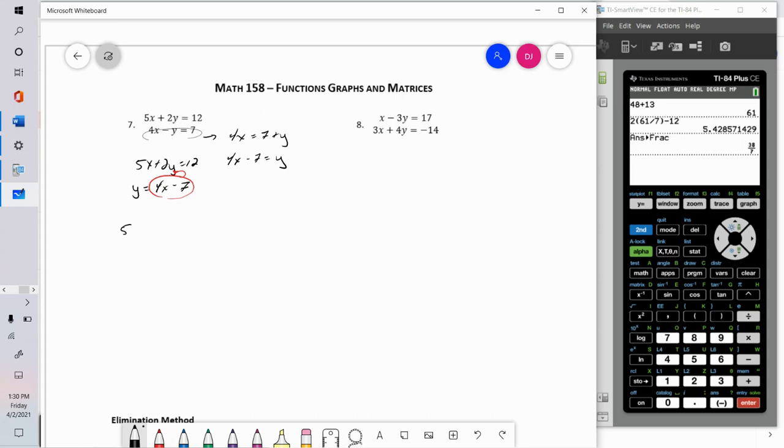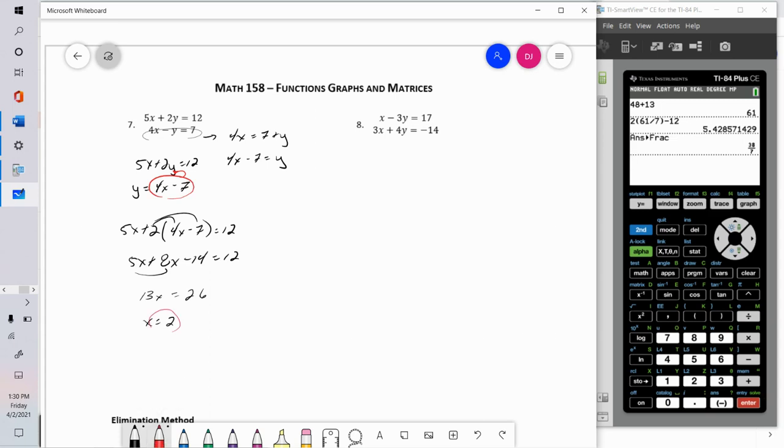So my top equation is 5x plus 2y, but y is 4x minus 7, equals 12. 5x plus, now the 2 gets distributed to the 4x and to the negative 7. Combining the 5x and 8x is 13x. Adding 14 to both sides, x equals 2.